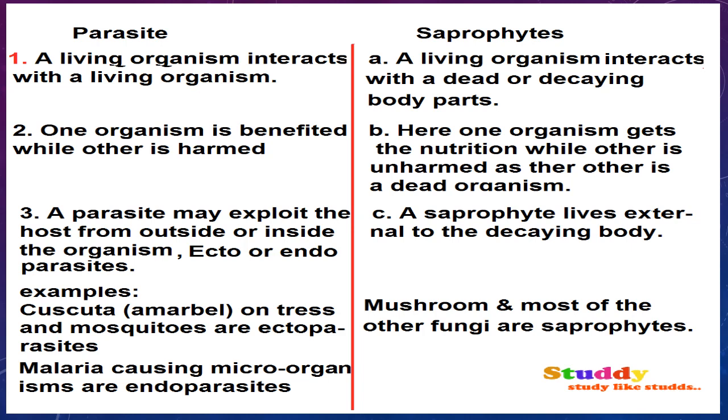Parasitic nutrition is defined as an organism that lives on another organism, which is known as the host, either temporarily or permanently, and uses the host as a source of food. Whereas saprophytic nutrition is defined as an organism which feeds on the matter that is decomposing from a dead organism.